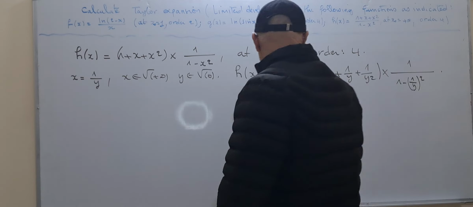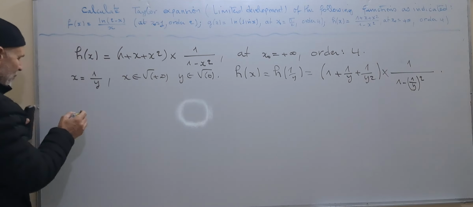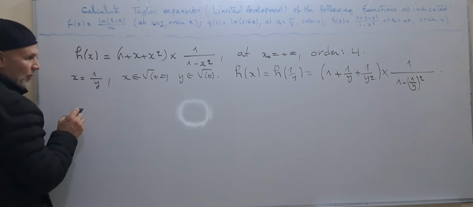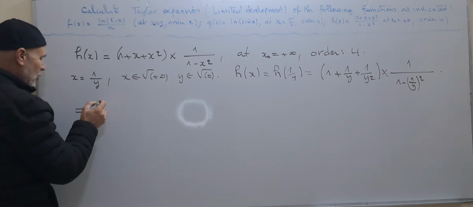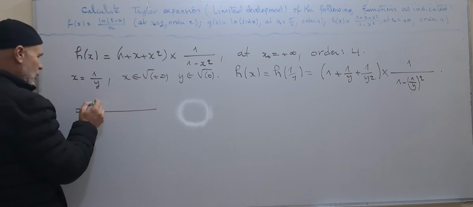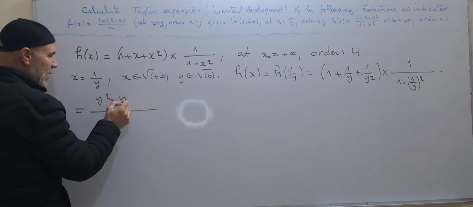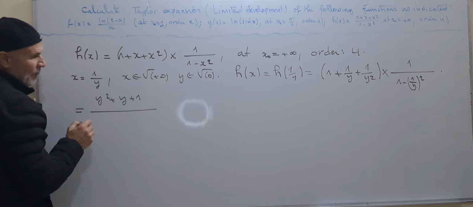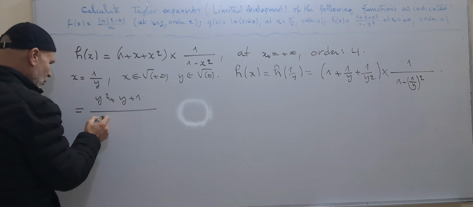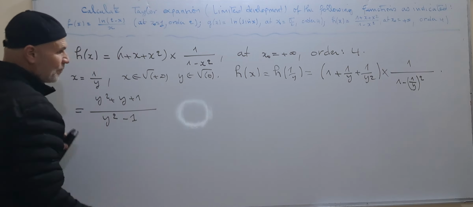We take this form, and this will be equal to y squared plus y plus 1 over y squared minus 1.